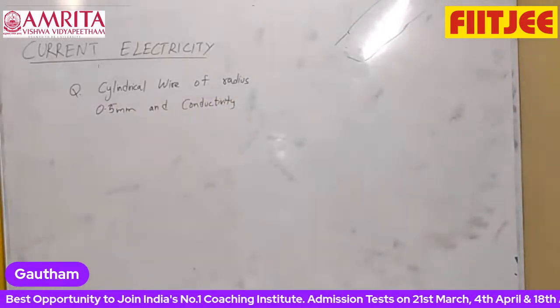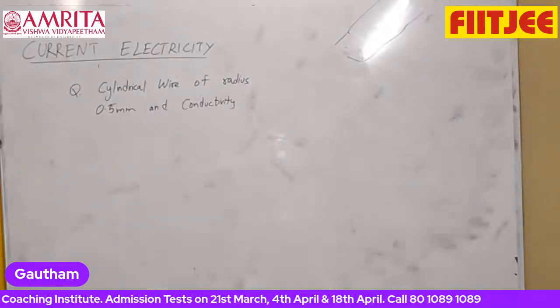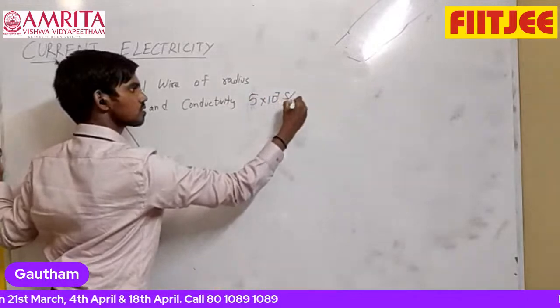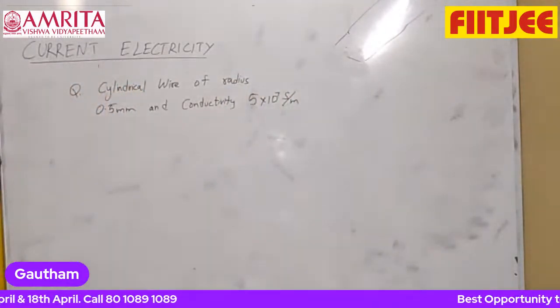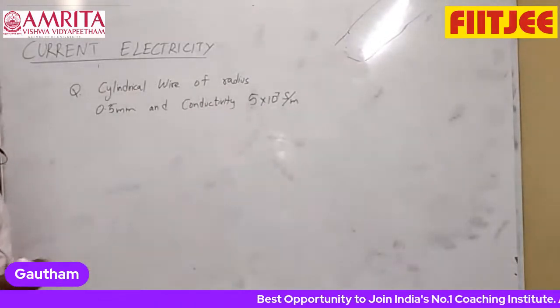Some value is given for conductivity as well: 5 into 10 to the power 7 SI unit. So SI unit of conductivity is siemens per meter, the inverse of resistivity.